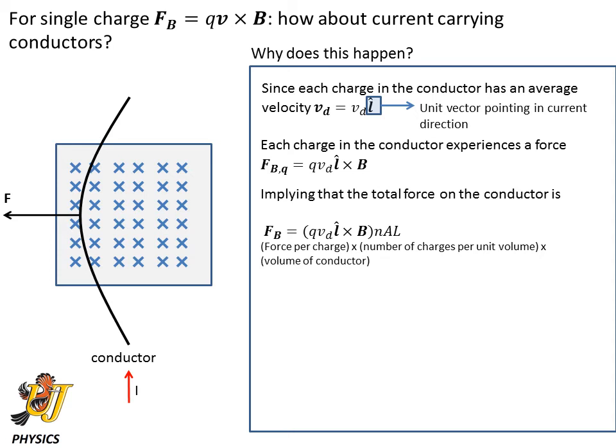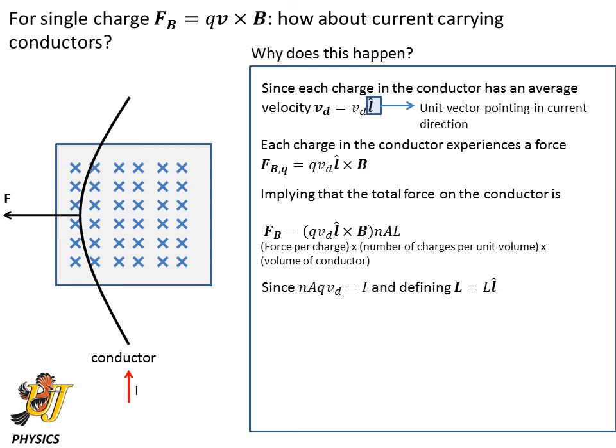If we add up all these contributions for the whole conductor, therefore, multiplying the expression for the force acting on a single charge by the amount of charges per unit volume and the volume of the conductor itself, we get the resultant force acting on the conductor.